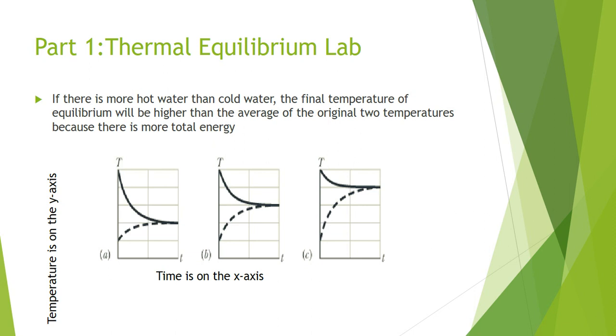So there's more soup than ice cubes, and that final temperature is closer to the original temperature of the soup. For this part, I'd like you to think of two real-life examples of when you would have, for part A and part B, when one is meeting in the middle and another is closer to the cold temperature.